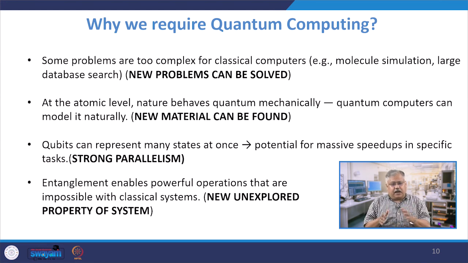Why? Because you are doing parallelism. Why parallelism? Because qubits can represent many states at the same instant of time. So you have multiple states available, and each state has a probability, and therefore I will have strong parallelism available to us. Then many new and unexplored systems can be evaluated using quantum computing, right.